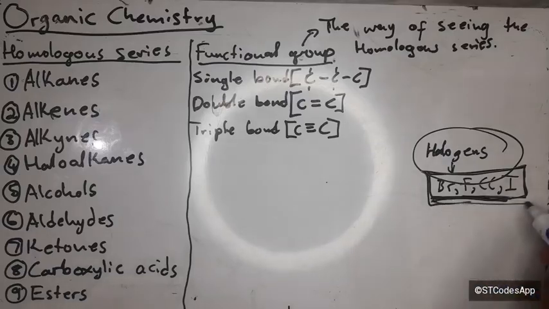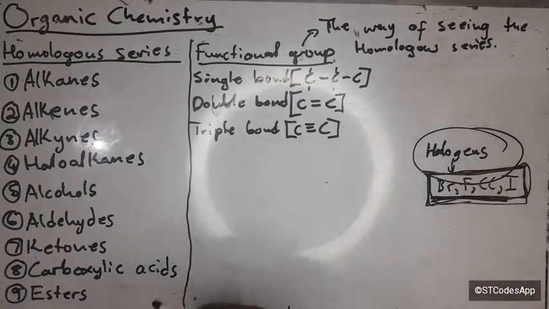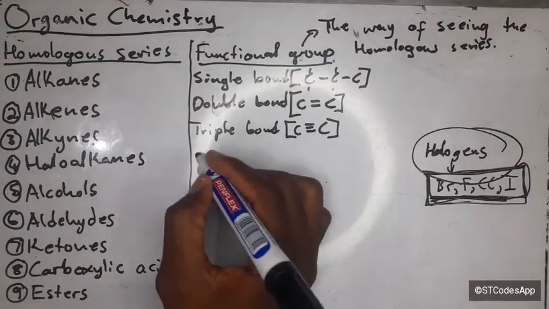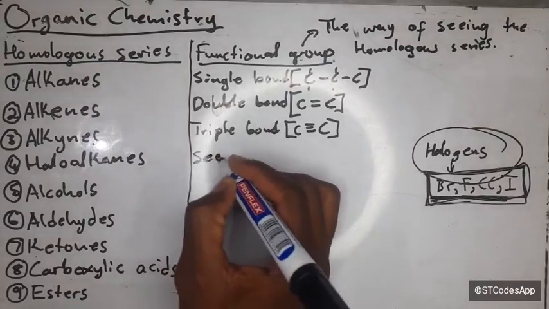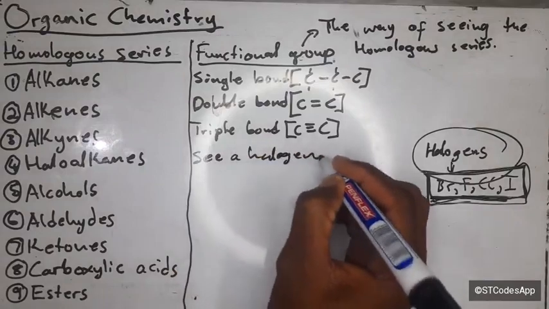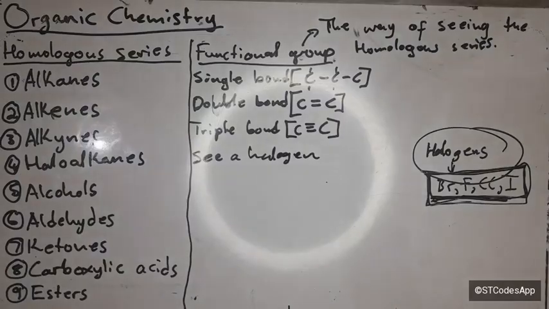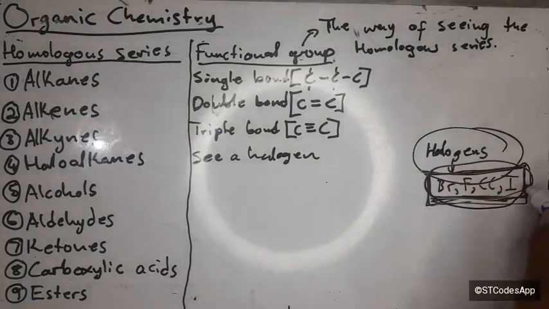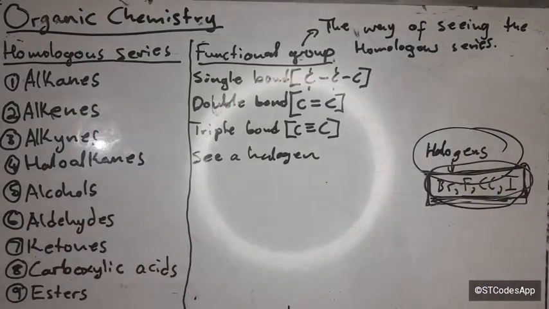If ever you see one of these things, or two of them in a compound, then it's a haloalkane. So C, a halogen. That's the functional group for haloalkanes.